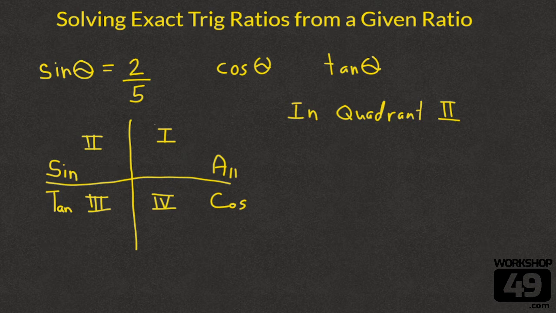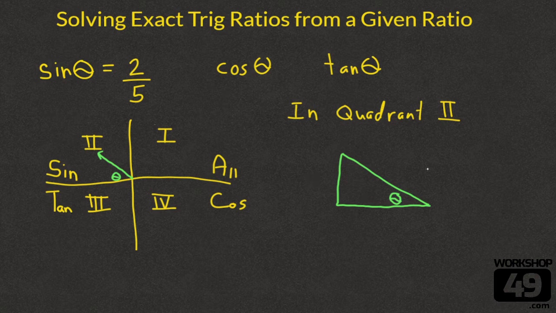We now know that we're going to be looking at some terminal arm that comes out in that direction. And we can kind of sketch what this is going to look like in a triangle. So I put a little triangle arm up, and we know that these thetas in exact trig ratios are always going to be the reference angle, so it's going to be right here, our little reference angle.